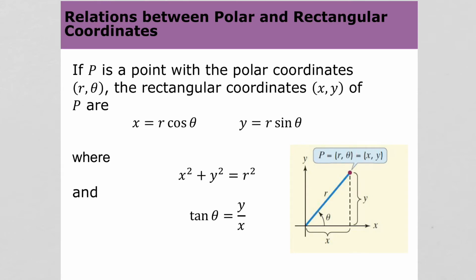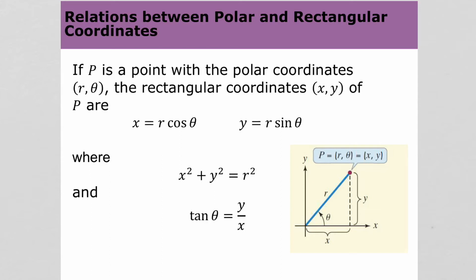So, what if we want to go between the polar axis and the rectangular coordinate plane? We can do that using these formulas. X is r cosine of theta. And that makes sense because cosine is x over r, right? So we could take our radius of our polar point and the angle and put that into r cosine theta, and that would give us back x.